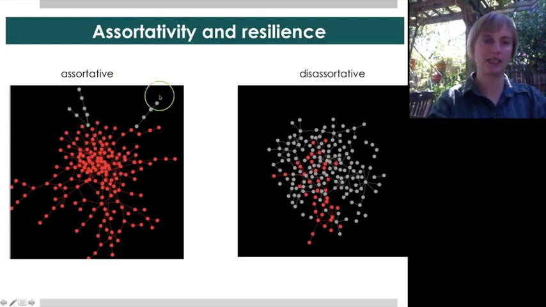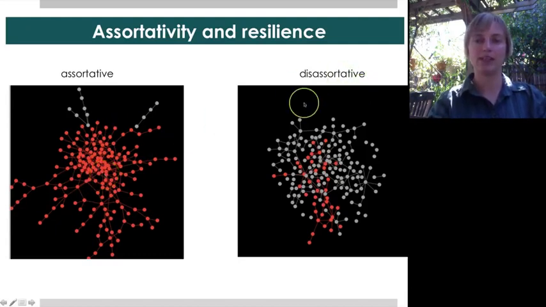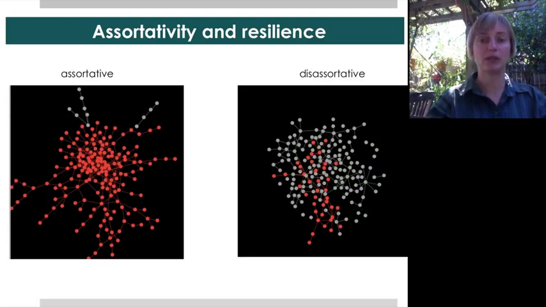We disconnected these parts of the network, but in general, there was so much redundancy in that central core that we didn't actually end up breaking up the network. In the disassortative case, however, a lot of these nodes were connected just to the hubs, and so once the hubs were removed, the network was pretty much broken up with the removal of just 10 nodes.